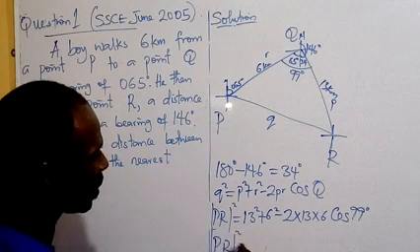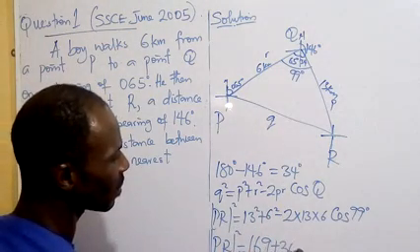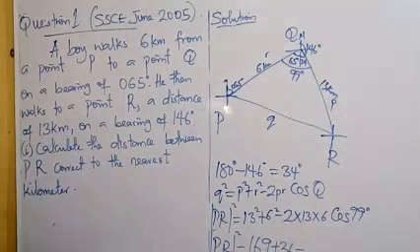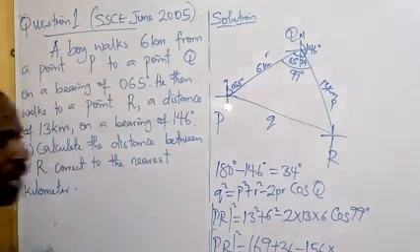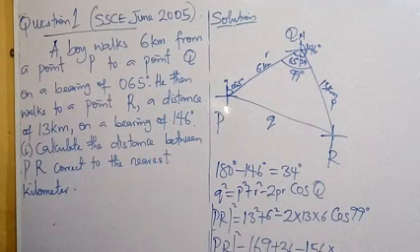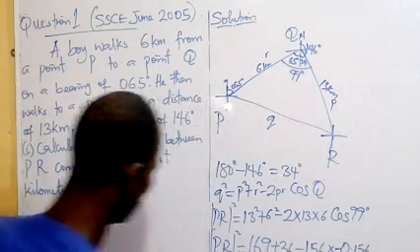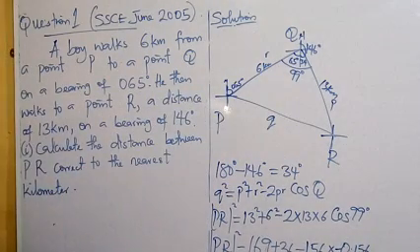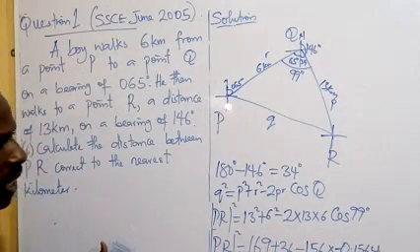All right, so let's find the values. PR squared equals 169 plus 36 minus, let's multiply these two together using our calculator. It gives us 156 multiplied by, let's check for cos 99.